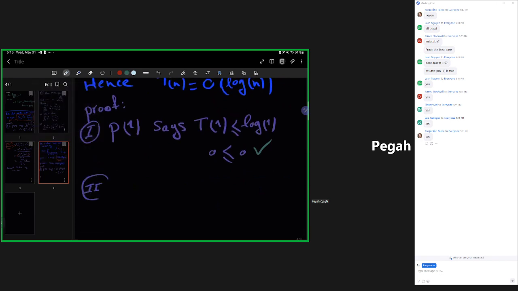Let's do the second part. What is the second part? For all n greater than 1, we show that n equal to 1 already works. We consider P1 up to Pn minus 1 to be true, and then prove P of n is true, by induction.